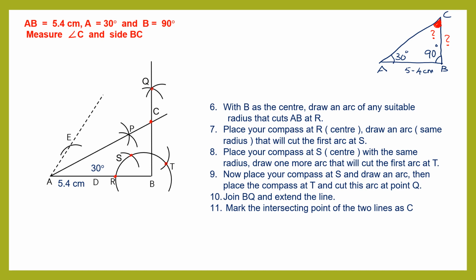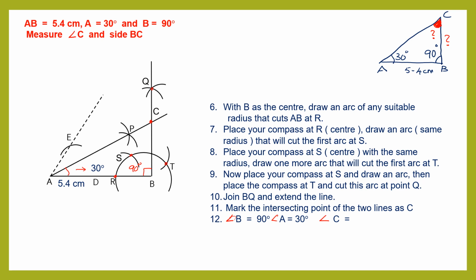because we're looking for a triangle ABC, isn't it? Now angle B is 90 degrees. We constructed it. Angle A, we said, is 30 degrees. It's marked here. Now we have to find angle C. We know the property of triangles: the sum of all the angles of a triangle should be equal to 180.